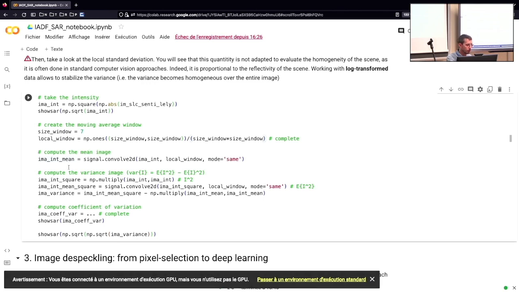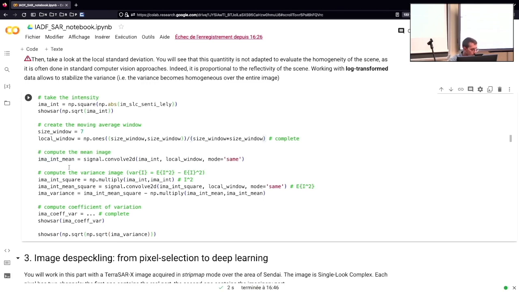This operation is called the multi-looking. Please be careful that when you average incoherently pixels, you have to do it in intensity. Why do you have to do it in intensity? Because the average of intensity values corresponds to the maximum likelihood estimation of the reflectivity.